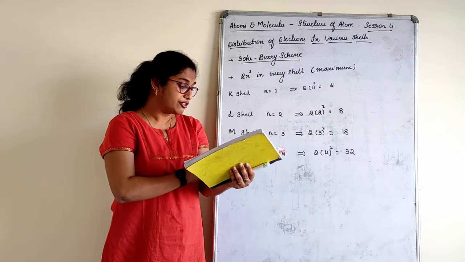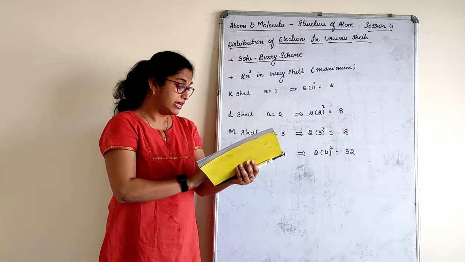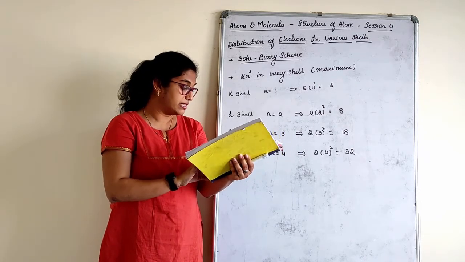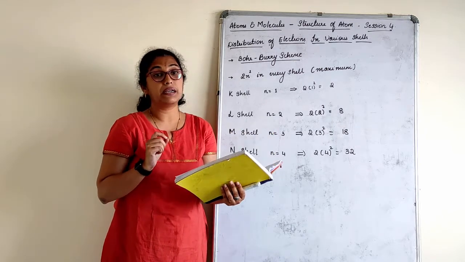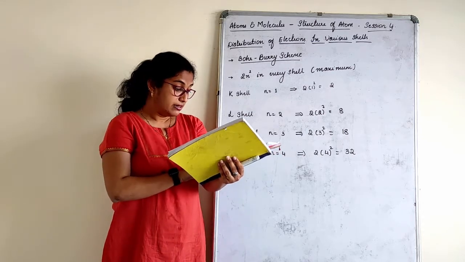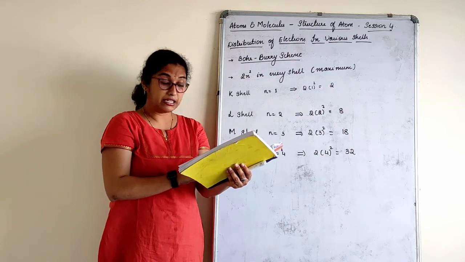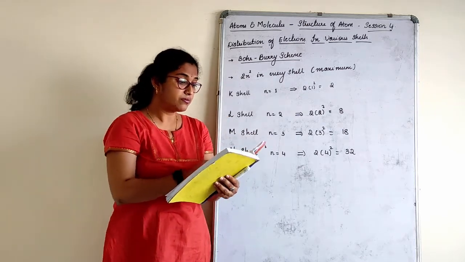The filling of electrons in an atom is done in accordance with 2n square, where n is the number of the shell and 2n square represents the total number of electrons that can be accommodated in a particular shell. Exactly how you have to write it. That is, the maximum number of electrons that can be filled in a particular shell.